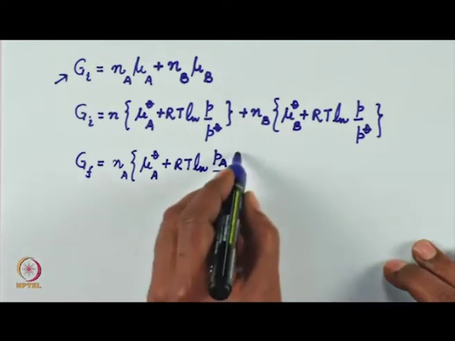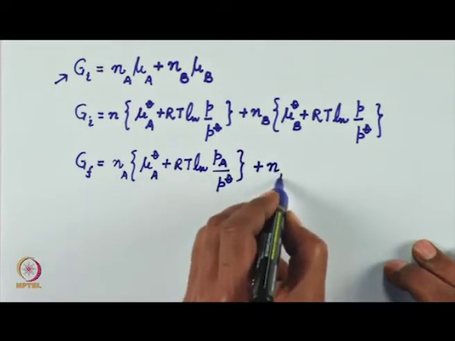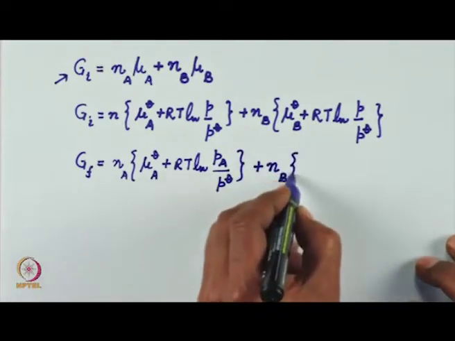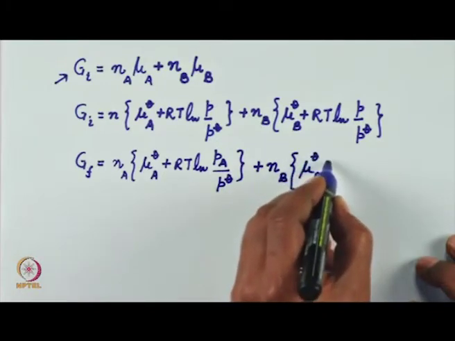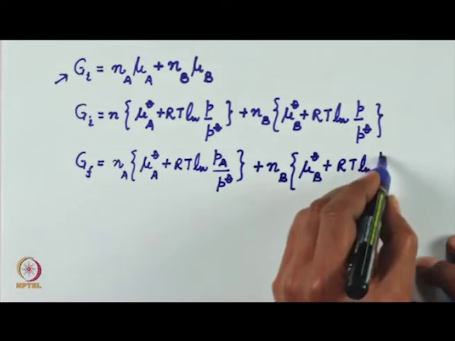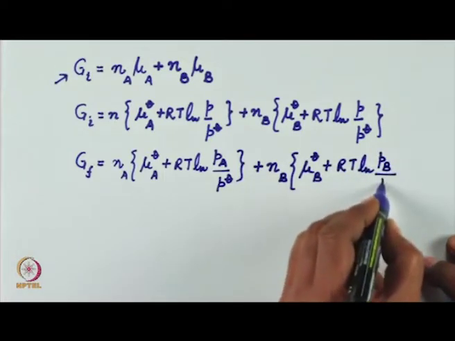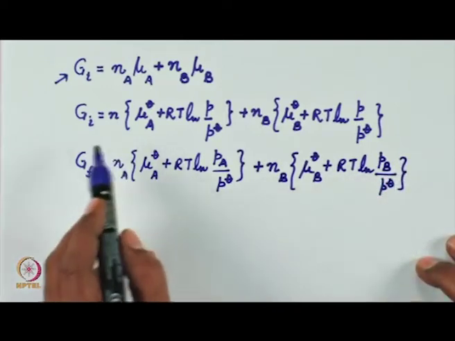Partial pressure of A in the mixture plus Nb into mu B naught plus RT log partial pressure of B in the mixture by P naught. Note the changes.